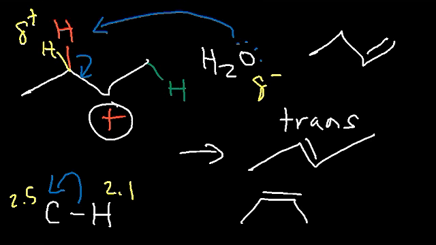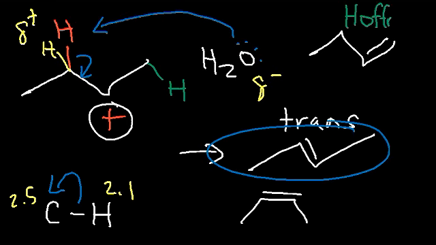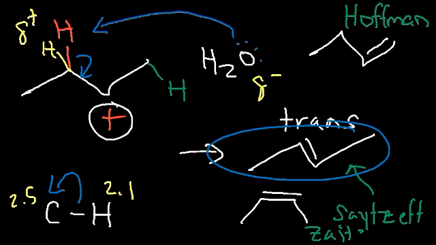It turns out that the major product is 2-butene, the trans 2-butene isomer. This is known as the Hofmann product, the terminal alkene. And this one is the Zaitsev product. I've seen it written this way as well. The Zaitsev product is the alkene that is more stable.